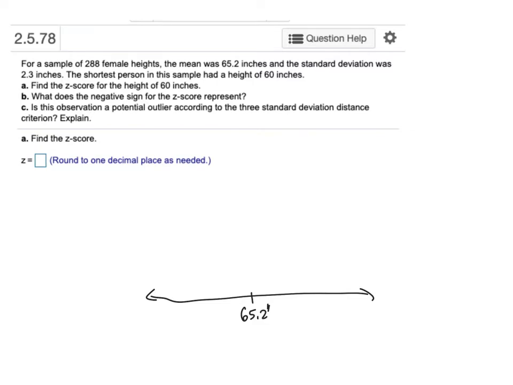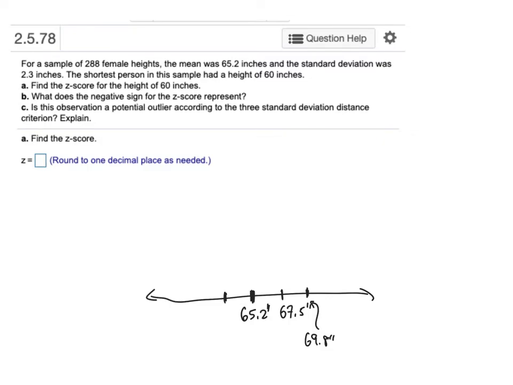So if I want to mark off 1 standard deviation above the mean, that'll be 65.2 plus 2.3. So that is 67.5 inches. If I mark off another standard deviation, that'll be another 2.3. That's 69.8 inches. And then similarly, so this is my mean. I'll make it dark. Similarly, I can go this way.